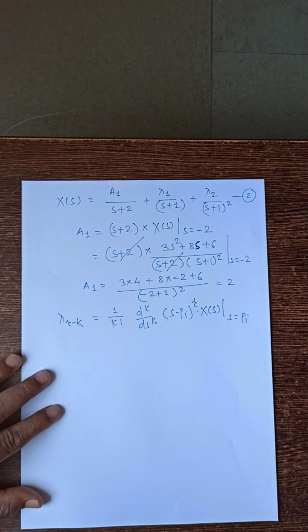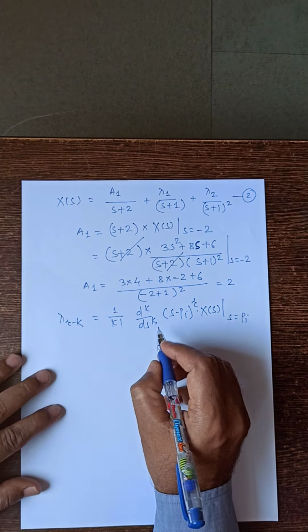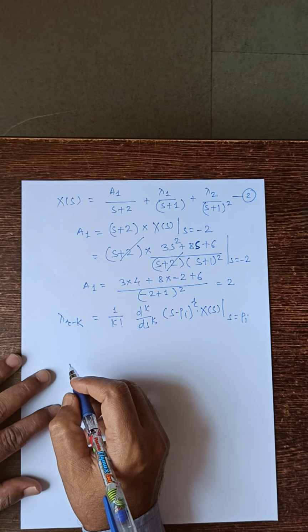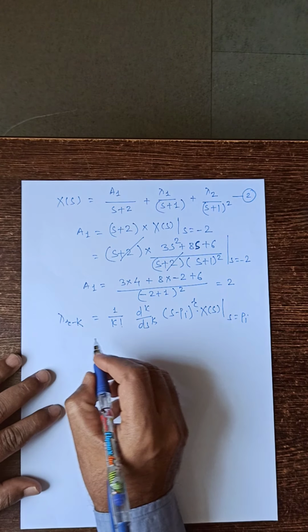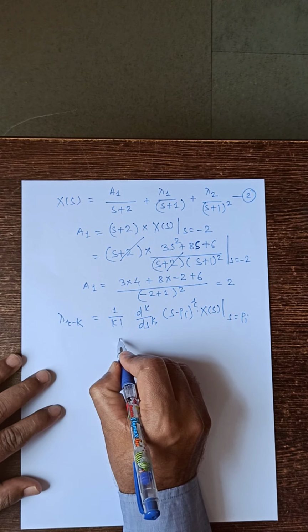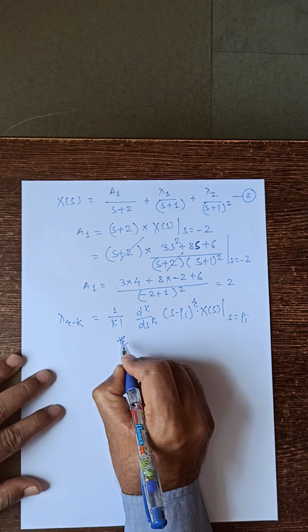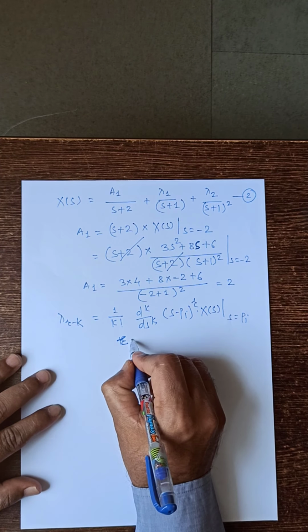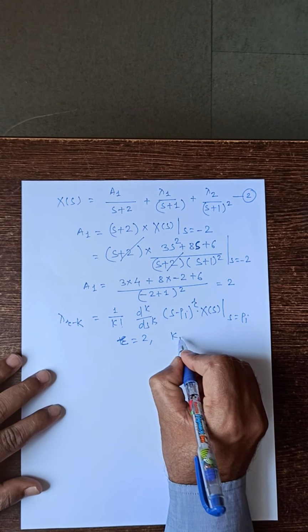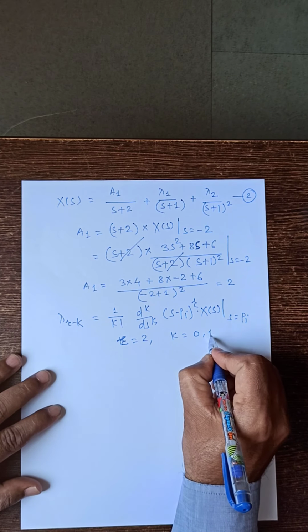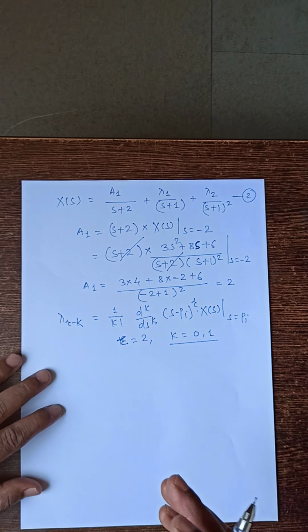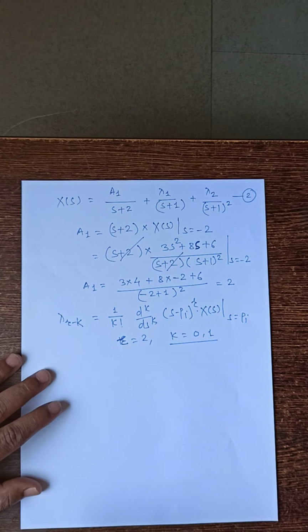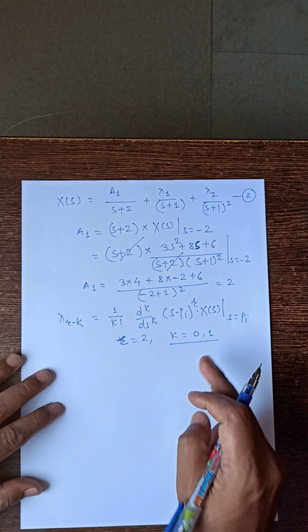So here the pole is located at minus 1, so s is equal to pi, that is minus 1. Now we'll put the value of k. Here r is equal to 2, hence k is equal to 0 and 1, because k starts from 0 and ranges up to r minus 1. So r is equal to 2, so 0, 1.